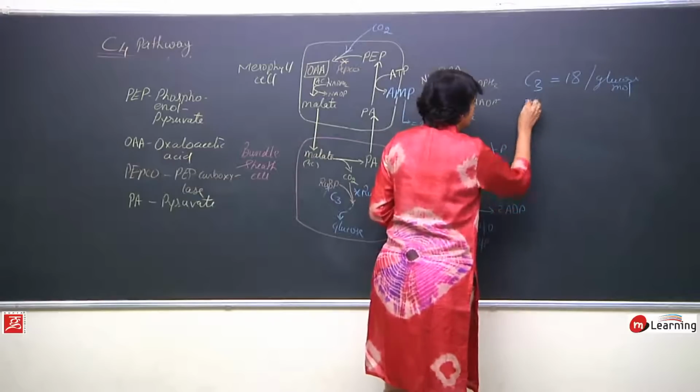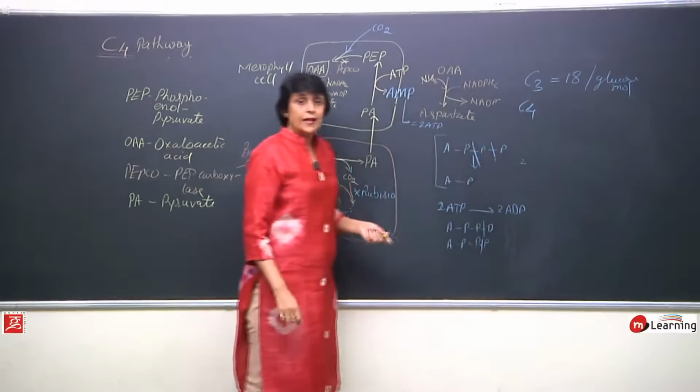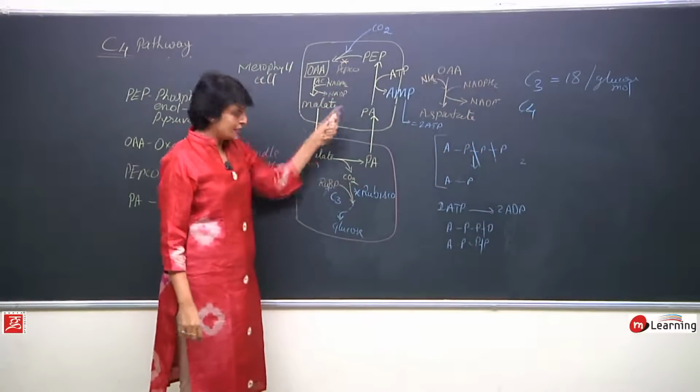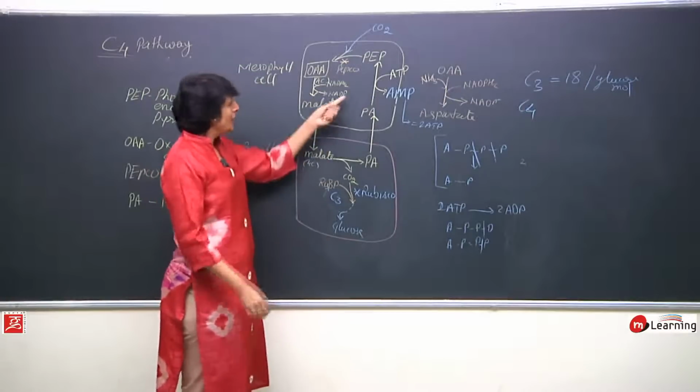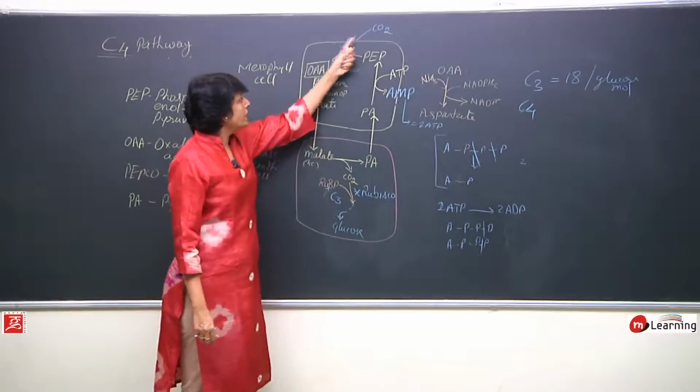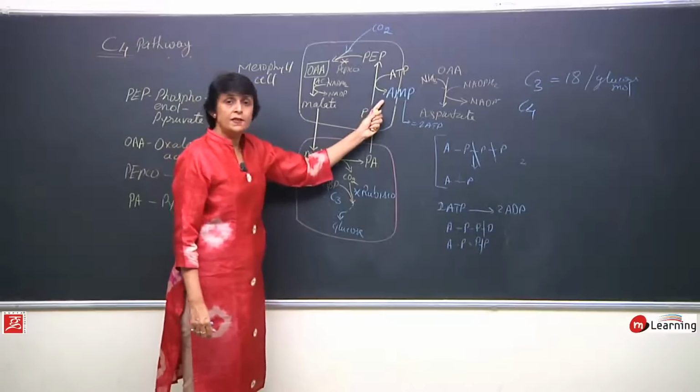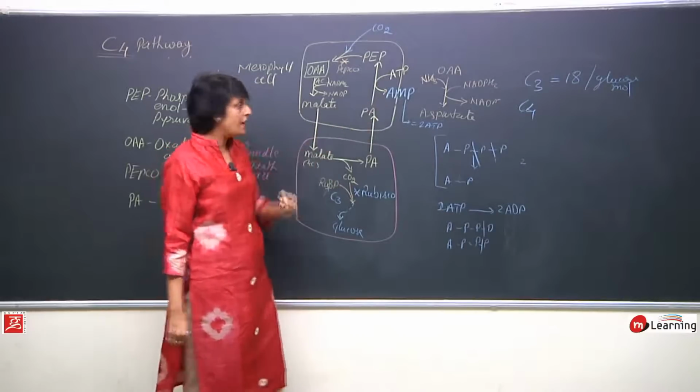And in this C4 cycle, that means we have to include this as well. So in C4, C3 anyways is taking place plus this extra. So 1 carbon, 2 ATPs, 6 carbons, 12 ATPs.